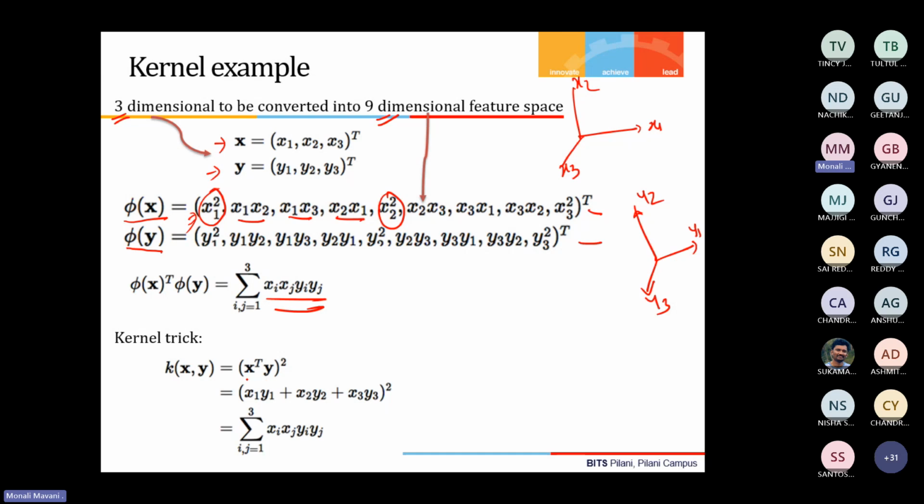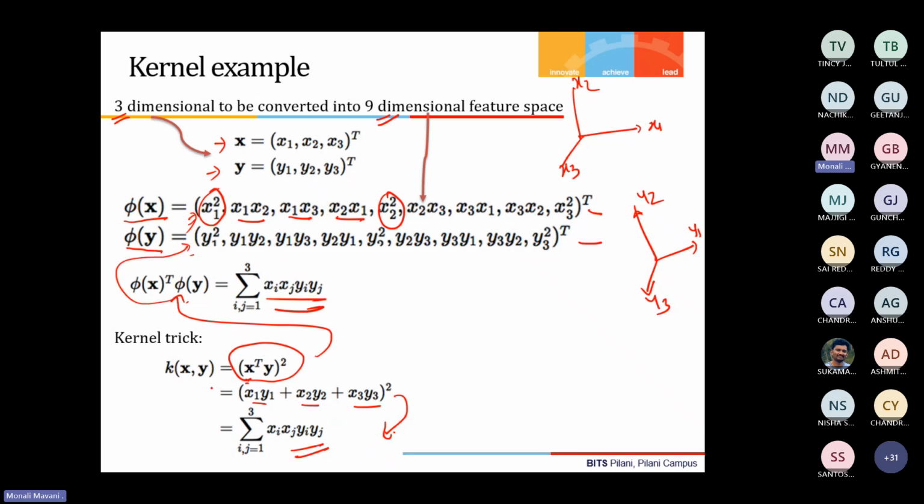Now say we use this kernel function, x transpose y the whole square, that is (x1 y1 + x2 y2 + x3 y3) the whole square, because each of x and y is a three-dimensional vector. When we solve this square, it reduces to this function. That means the kernel function x transpose y the whole square is equivalent to performing the dot product in the higher feature space.